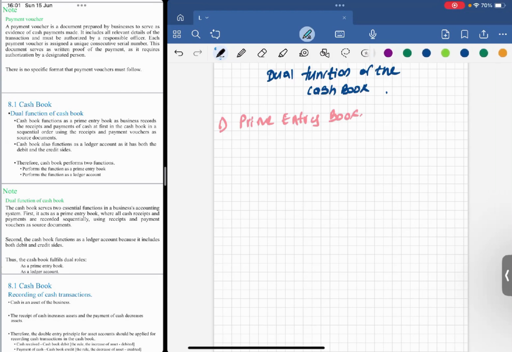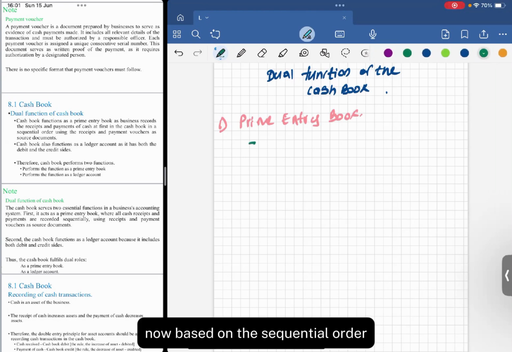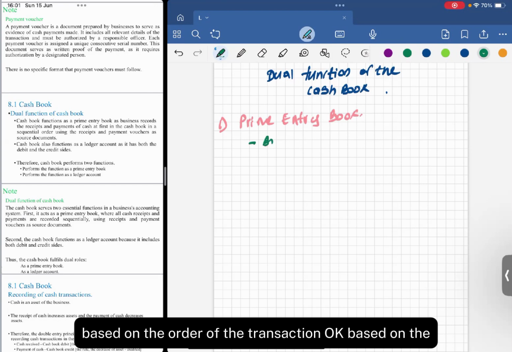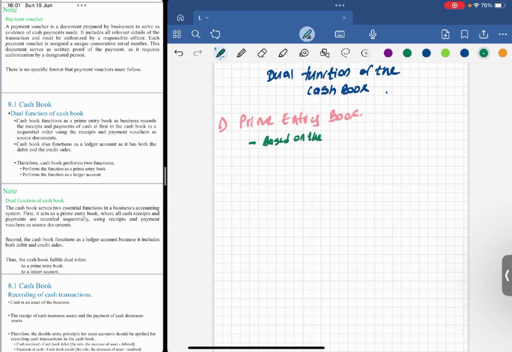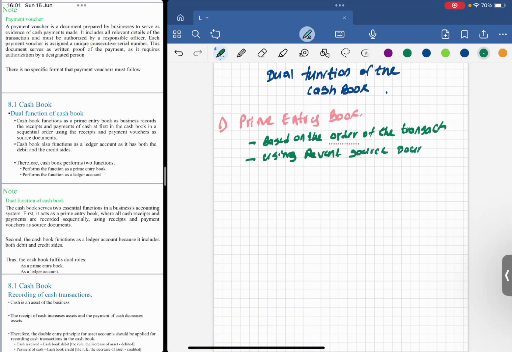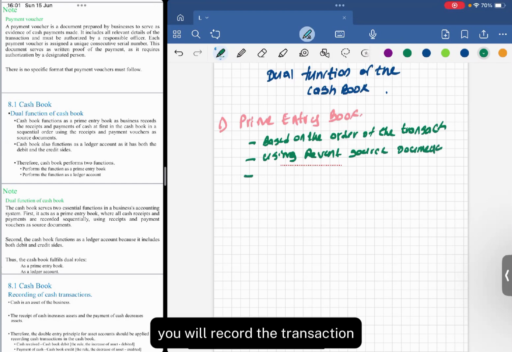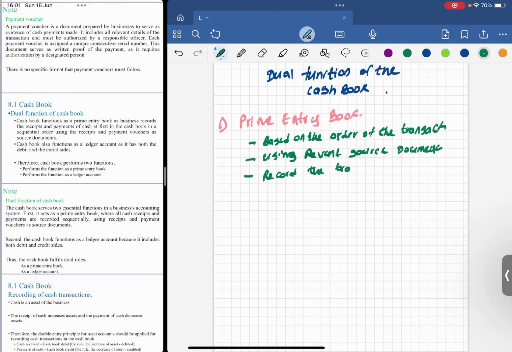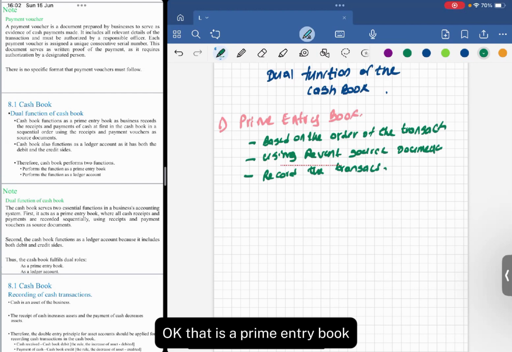Based on the sequential order, the order of the transaction, using relevant source documents, you will record the transaction. Okay, that is a prime entry book.